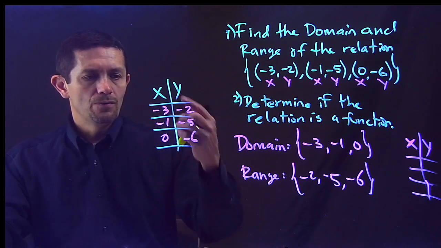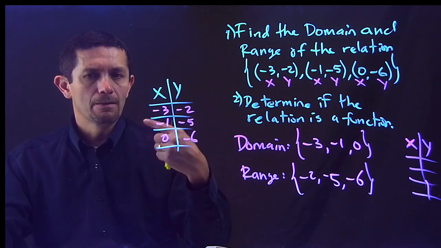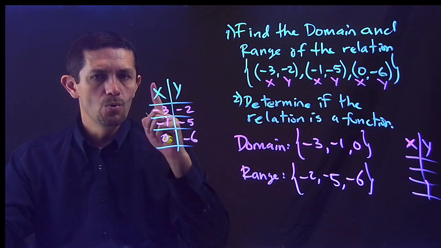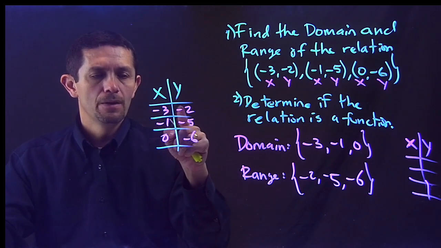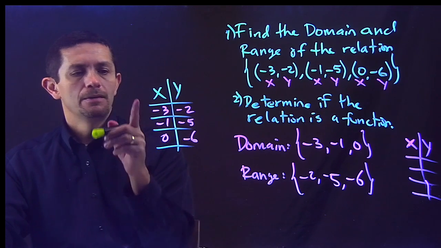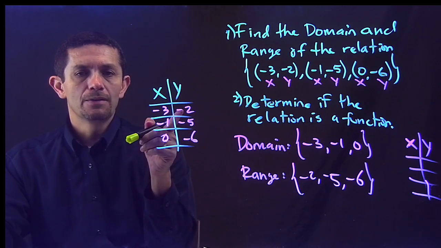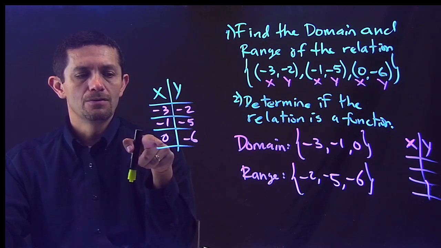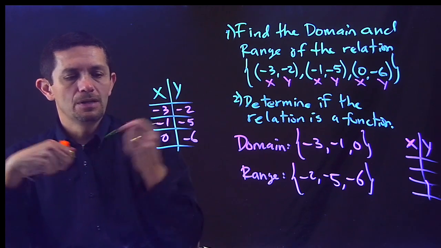How do I know if a relation is a function? The definition of a function is for every x there's only one value of y. In my case, the -3 has a -2, only one value. -1, -5, 0, -6. So this is a function.